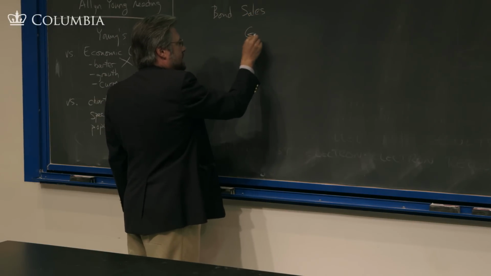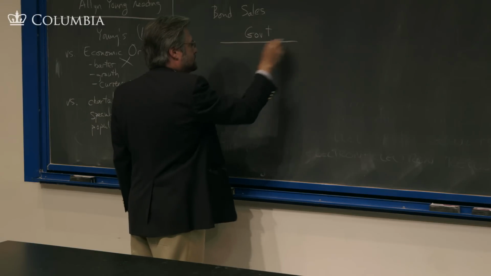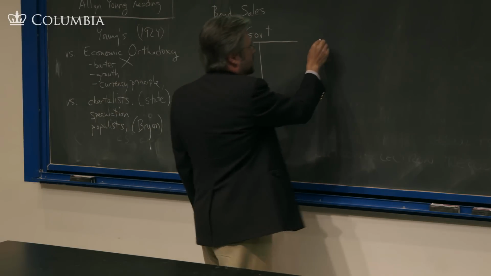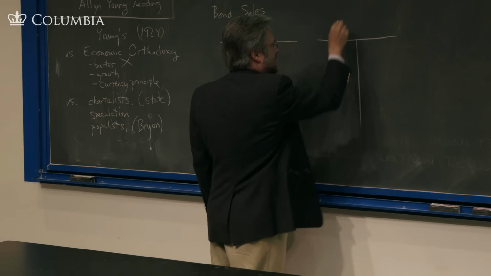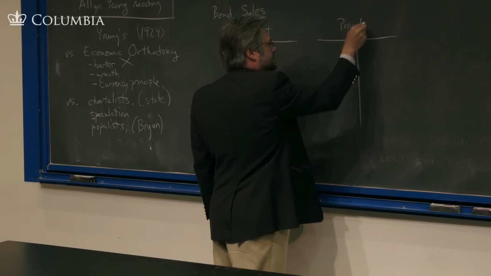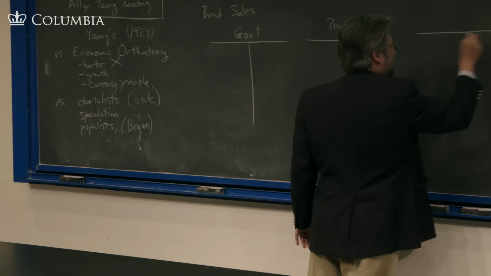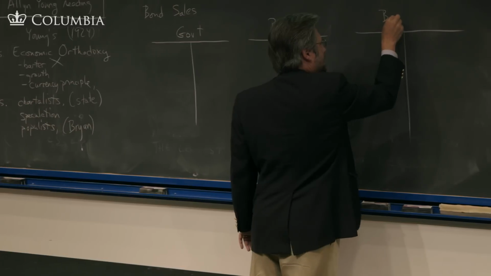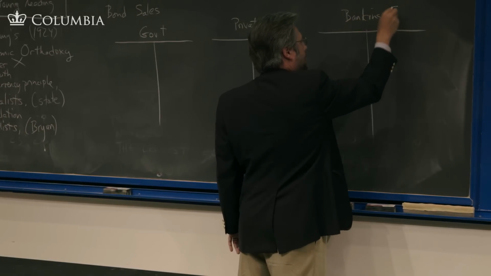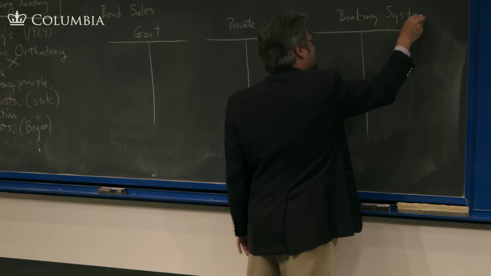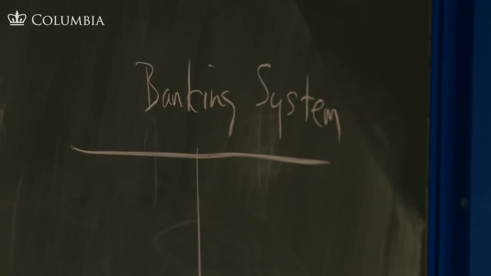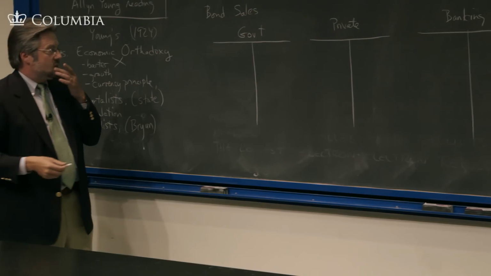So here we have the government. Here we have the private sector. And here we have the banking system. When the government sells bonds, what is it trying to do?